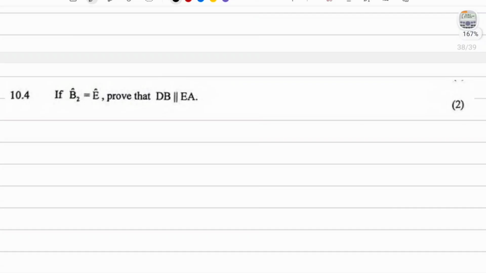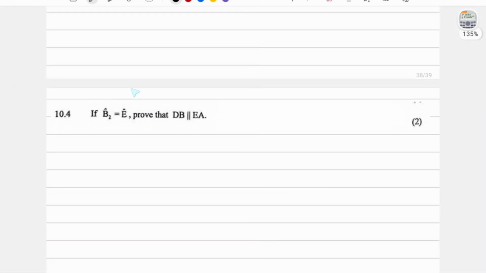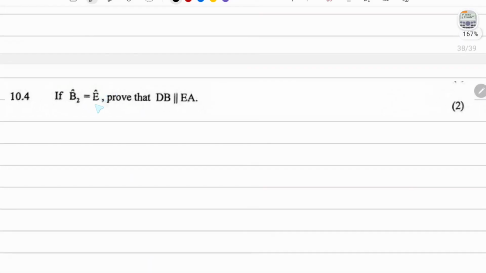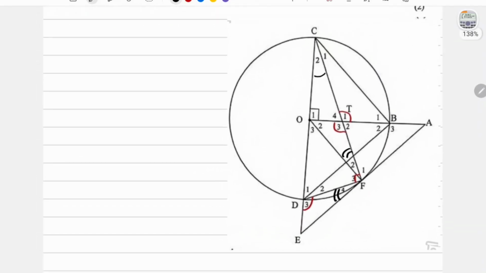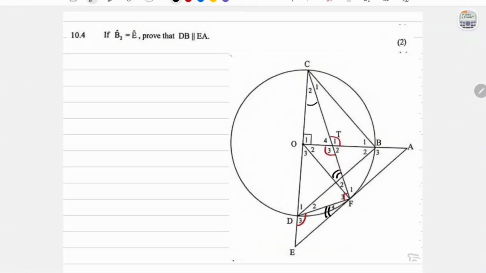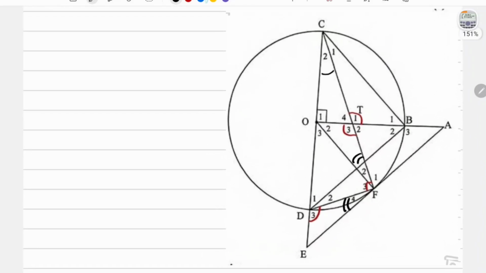So moving on to this question, 10.4. I think this is the second last question. The second last question says, if angle B2 is equal to angle E, we need to prove that DB is parallel to EA. Okay, let's get our diagram. So here is our diagram. And they told us that angle B2 is equal to angle E. So let's mark that.